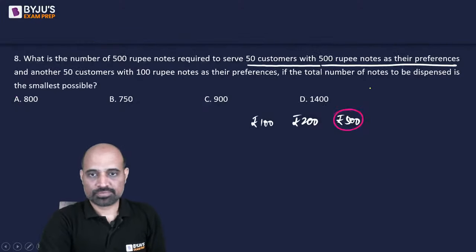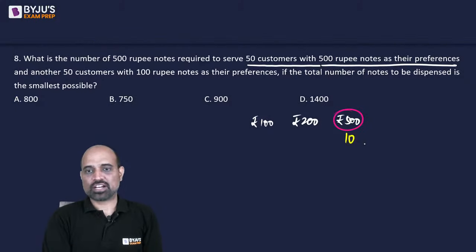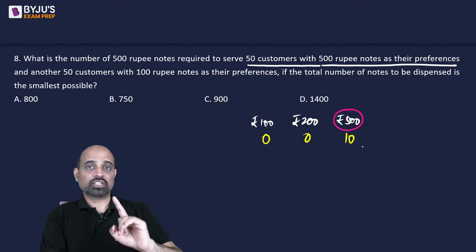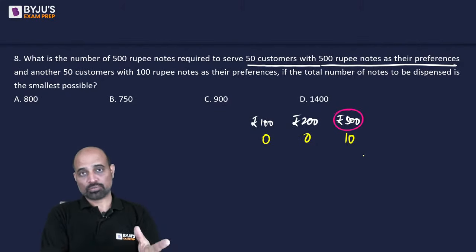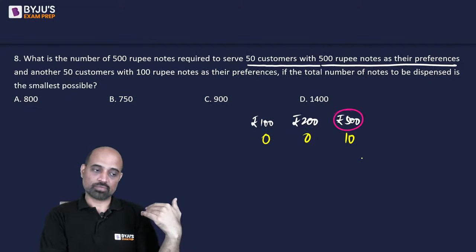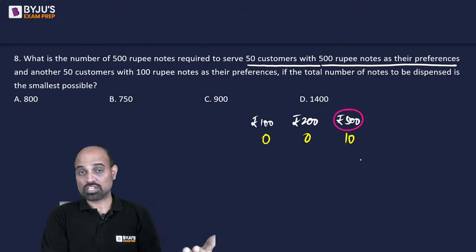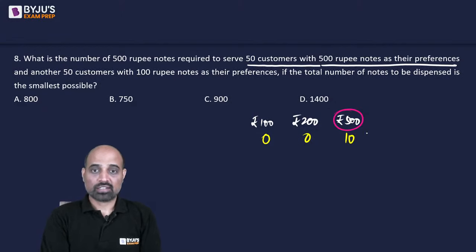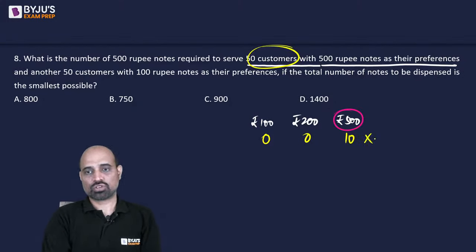So 10 notes. If there are going to be 10 notes of these and none of these, then for one customer, the ATM can dispense 5,000 rupees using 500 rupee notes as the preference. We need 50 customers. So can we say we need 500 notes?